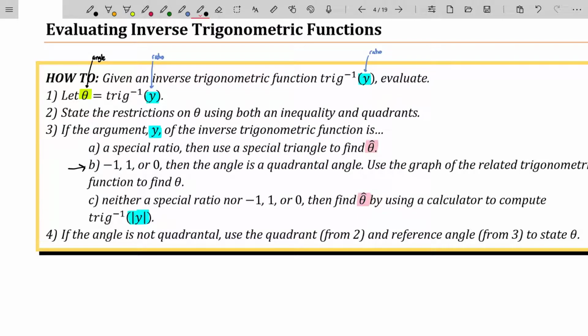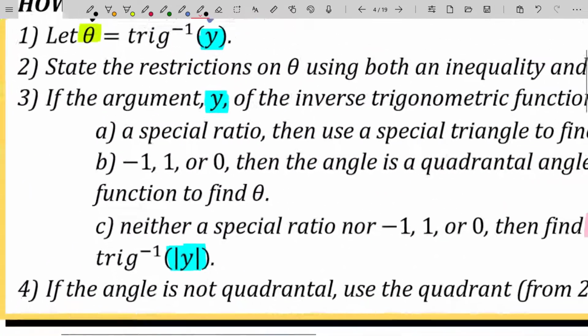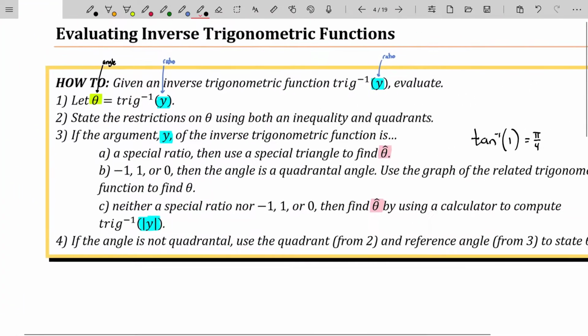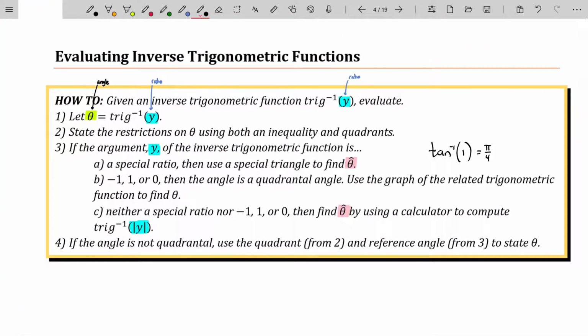If you're dealing with the cotangent inverse or the tangent inverse, the tangent of pi/4 is equal to 1, and so the tan inverse of 1 is actually pi/4. That's an exception to this rule. The same thing, cotangent inverse of 1 is also pi/4. So that's a bit of a specialty case, but not that big of a deal. Once you get used to inverse trig functions, you'll be able to barrel through that. That's not a huge issue.